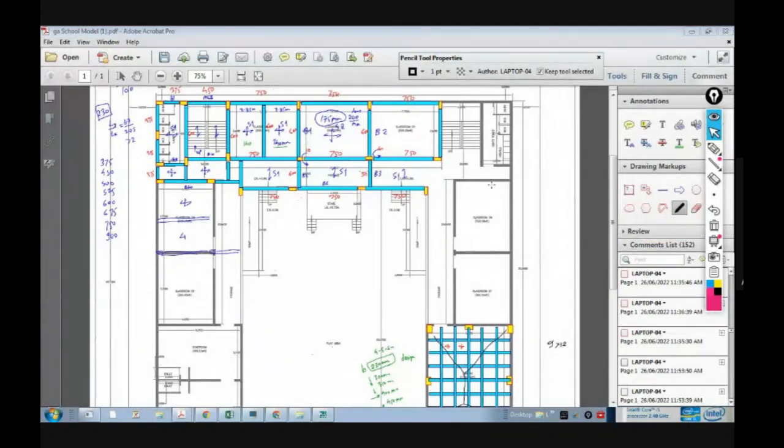So I suggest all of you, as a matter of practice, take any architectural plan of any kind of building, RCC, residential, commercial, school, college, industrial, whatever you want. Do this kind of planning. Prepare different options, three or four options for the same building, and just think over each option: if done this way, this will happen; if done that way, that will happen. So you will get an overall thought process developed.